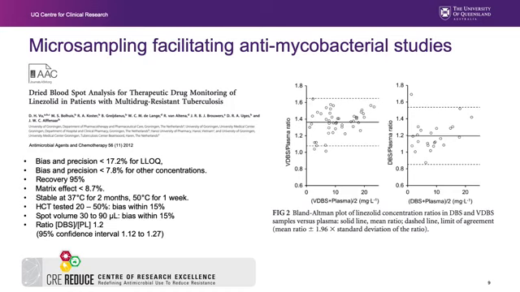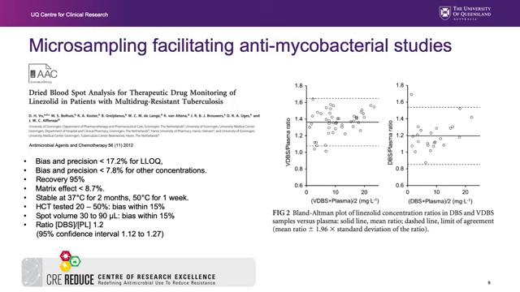So their ratio of DBS to plasma was 1.2, which showed that the results were higher in blood than in plasma. And this is, again, due to that binding into red blood cells. They also found that the results were higher in the venous dry blood spots compared to the peripheral dry blood spot.